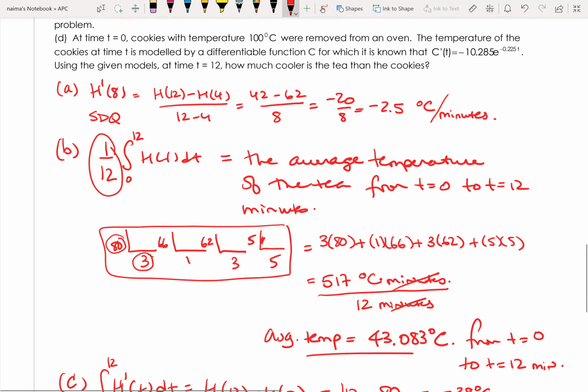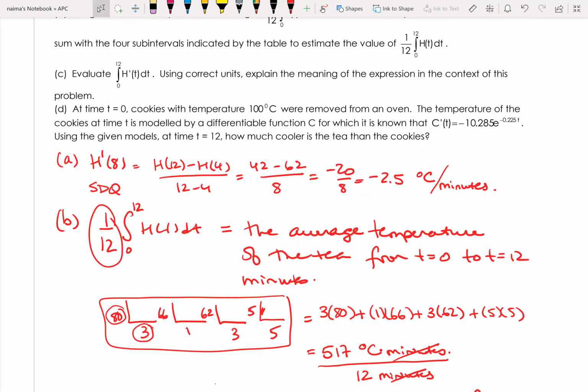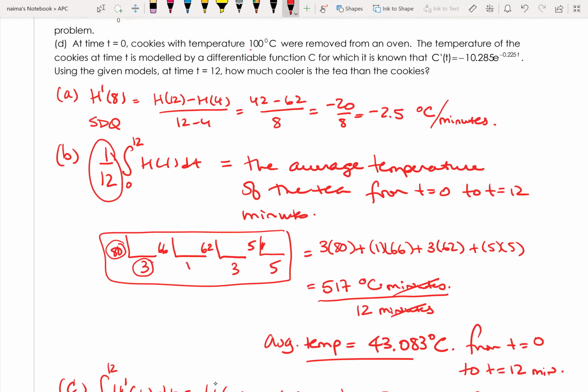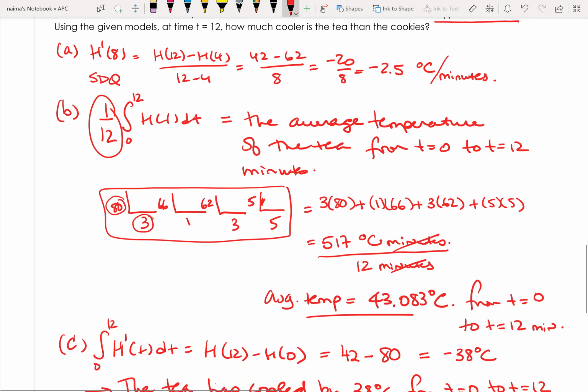All right, so D. Now, this is where the graphing calculator kicks in. At time 0, cookies with temperature of 100 degrees Celsius were removed from an oven. The temperature of the cookies is modeled by a differentiable function C, so that C prime of t is equal to this. Using the given models, at time t equals 12, how much cooler is the tea than the cookies?